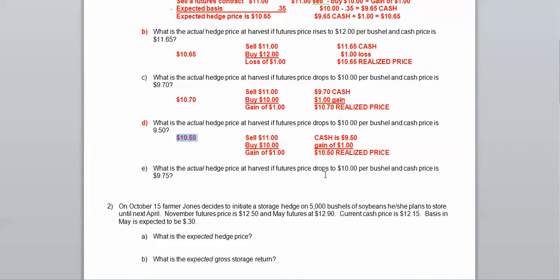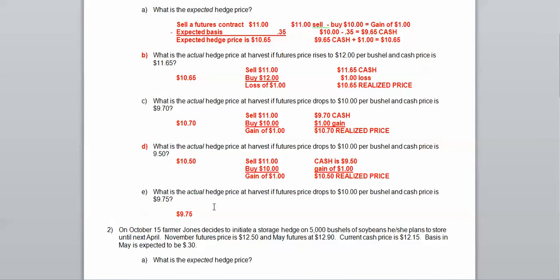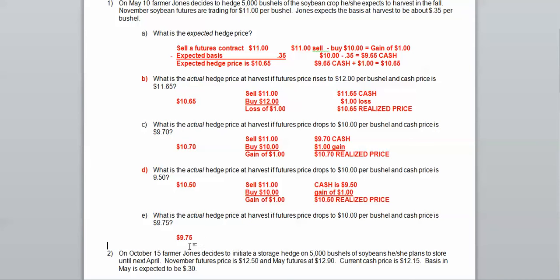In problem E, the futures price drops to $10 and cash price is $9.75, so basis is 25 cents instead of the 35 cents. We're going to end up with $10.75. I'm not going to go through the math, but you get the idea. Another way to do it, 25 cent basis at the end. I'm sorry, this should be $10.75.